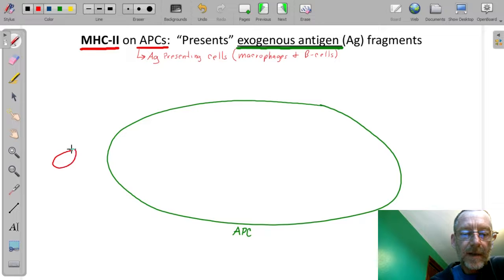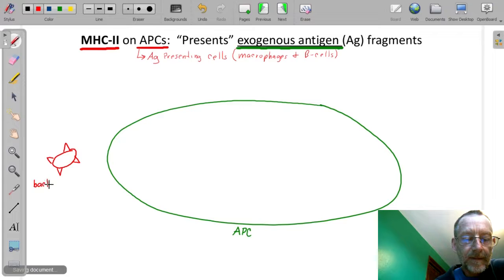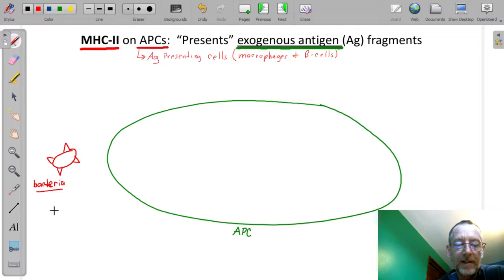Let's pretend this is a bacterium, and it has different things. I'm just trying to draw little proteins on the surface. It doesn't really matter what it looks like, but let's label it as a bacterium. Or several bacterial cells. And being a macrophage, it endocytoses it.